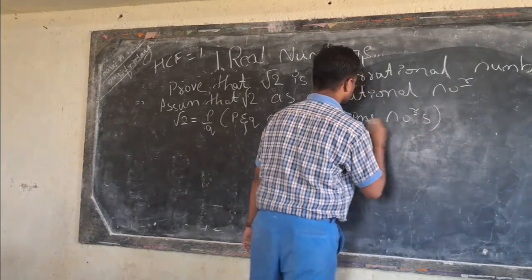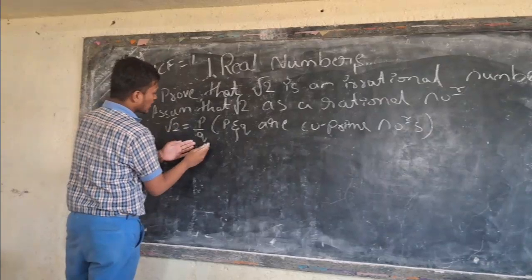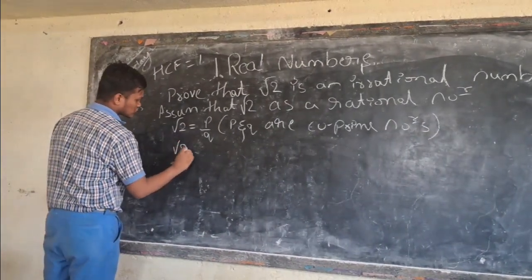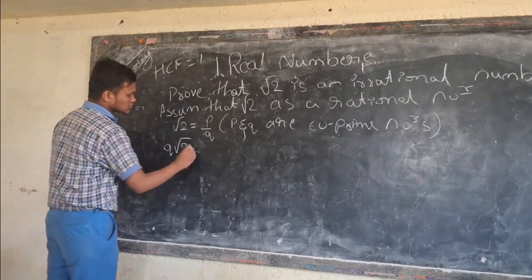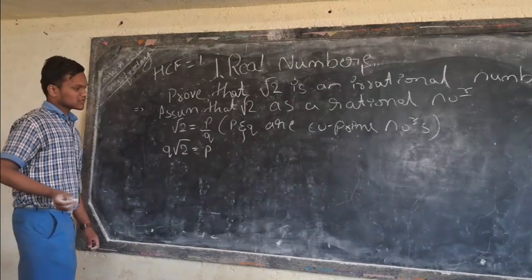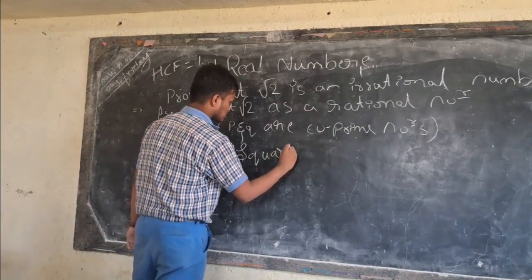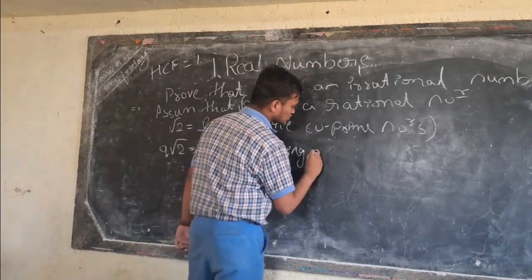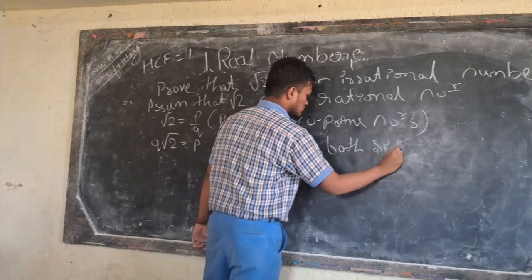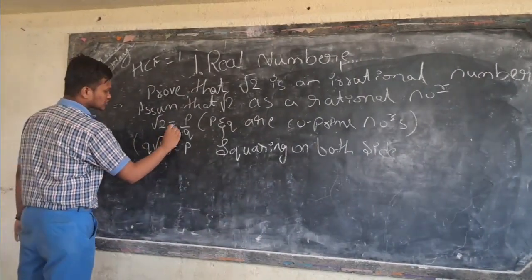Then shift this q to here. Q is dividing, so here it is multiplied by root 2. Q root 2 is equal to p. Squaring on both sides. Then put a bracket square.